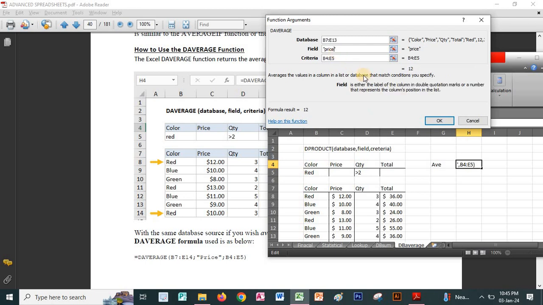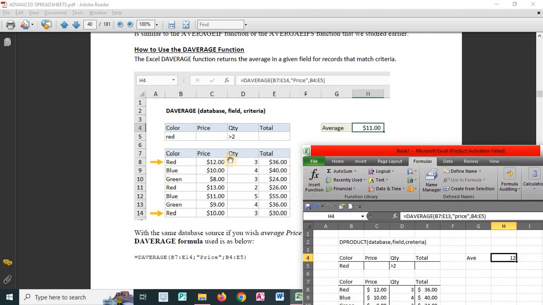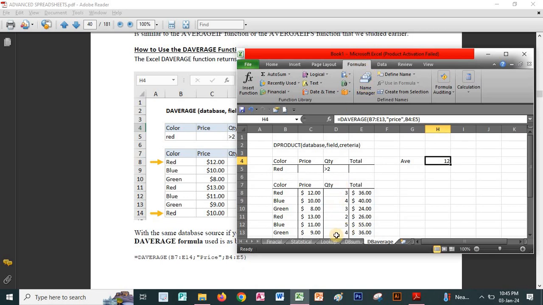Price. Oh, it is 12. And how did that come? 12 and 10. The average should be 11, yeah. And how is mine not coming to that? Okay, let's see. What did I make?